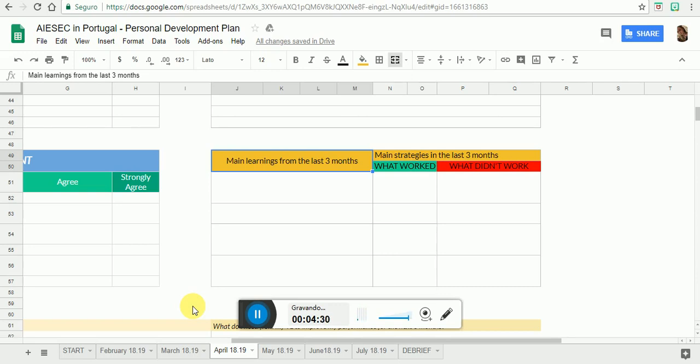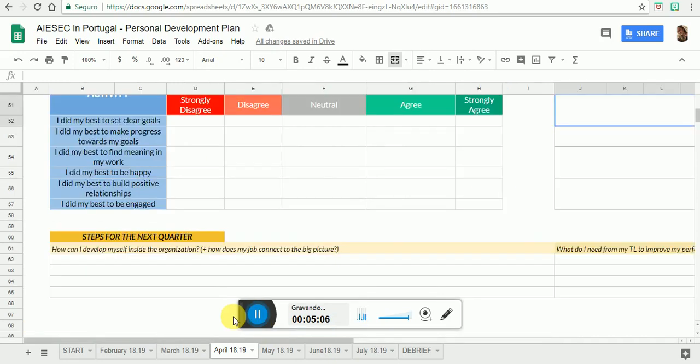So for the next months you can think about these strategies and how we can make everything work, and the part that didn't work gets smaller every time. You can put the learnings here, and this is a very open space, so you can really talk to your member and also think on strategies together.